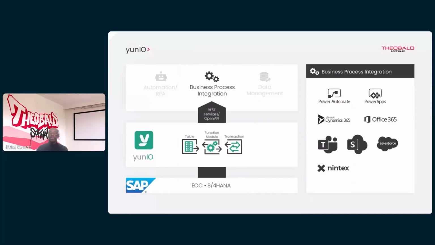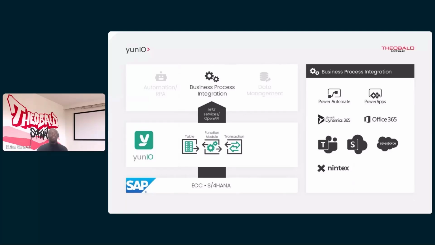This is our tool yunIO, which is a no-code application for designing, automating, and integrating SAP processes into the cloud. It is a browser-based interface installed on a local cloud hosted Windows Server environment. It provides REST-based services to read and write data to SAP, and from SAP to connected systems.